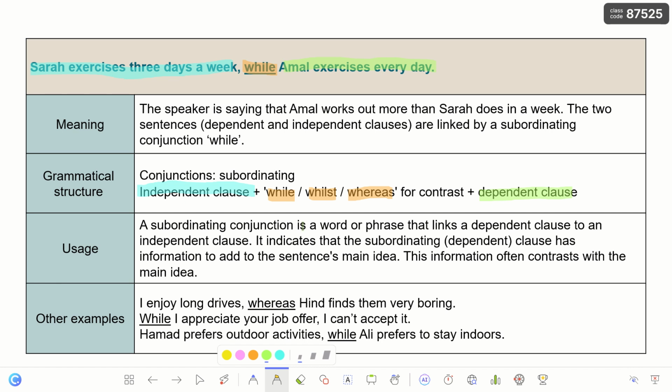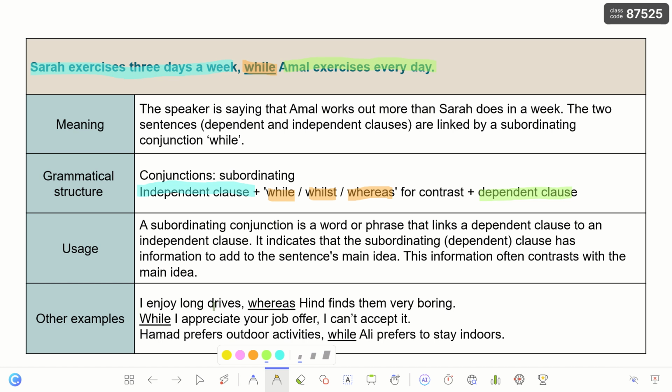So a subordinating conjunction is a word or a phrase that links a dependent clause to an independent clause. It indicates that the subordinating or the dependent clause has information to add to the sentence's main idea. This information often contrasts with the main idea.